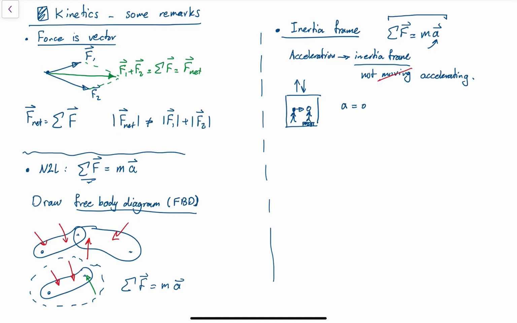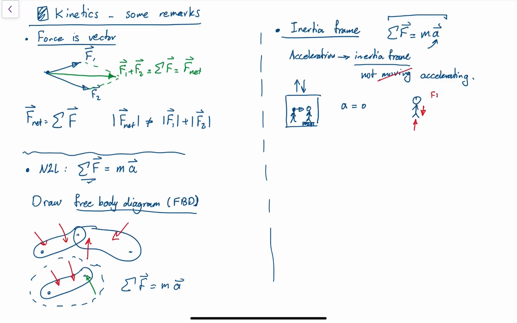The scale shows that there is some force acting on the person. So if this is the person, gravity is pulling the person down, and the reaction of it that is measured by the scale is from the scale to the person. So action and reaction, Newton's third law.